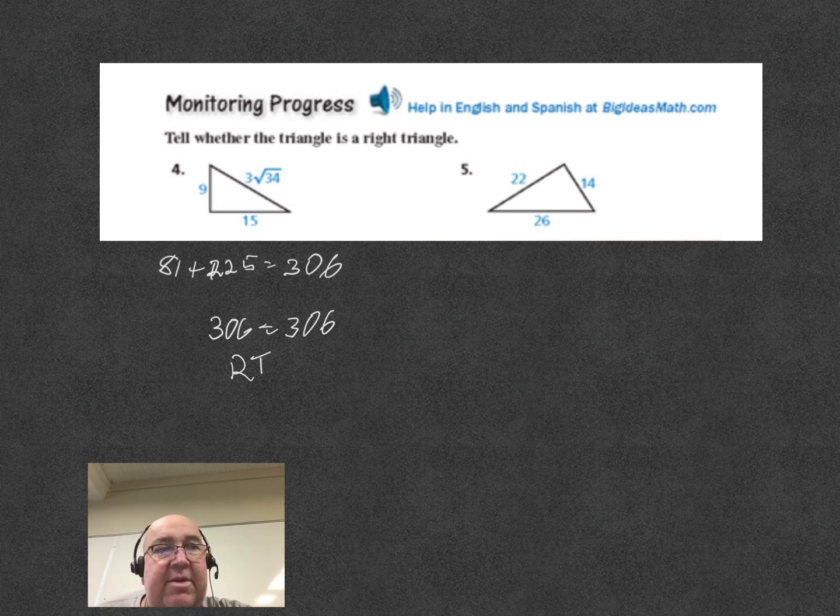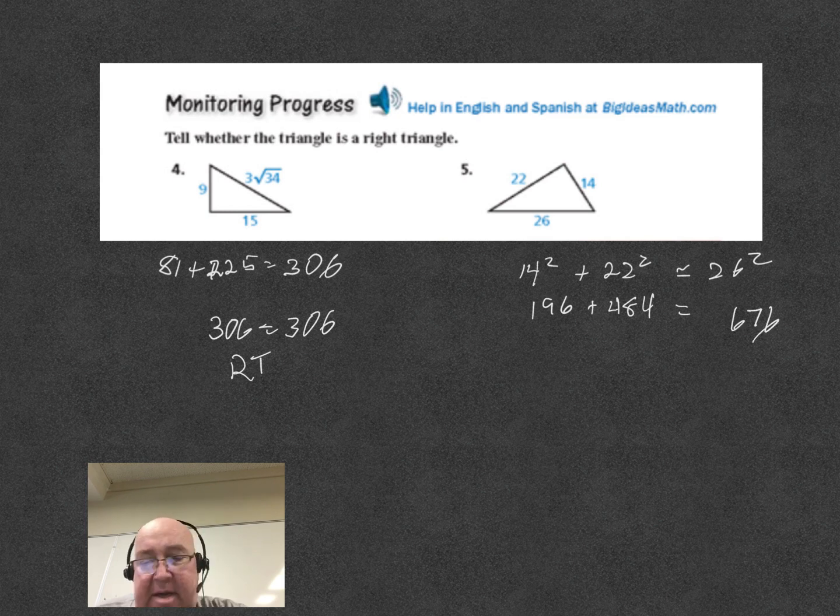On this one we're going to go 14 squared plus 22 squared, and see if it equals 26 squared. 14 squared is 196, 22 squared is 484, and we want to see if that equals 676. When I add those together, they equal 680. Does not equal 676.